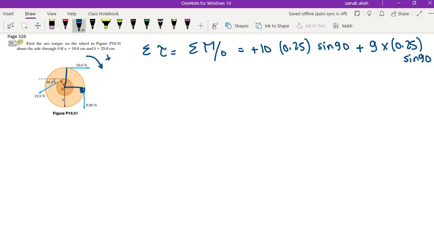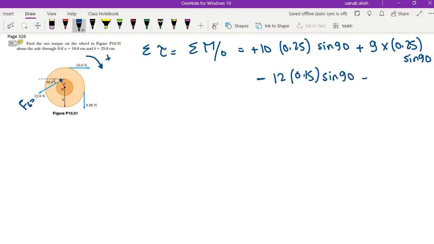Now for the 12 Newton force, if I think of putting a nail at O, so the origin is at O, and pull with the 12 Newton force, the wheel will rotate in the opposite direction. So the sign is minus, then the force 12, then the distance between the point of application of the force, which is F3, and O, which is A. So I will write 0.15 multiplied by sine 90. I've got everything.